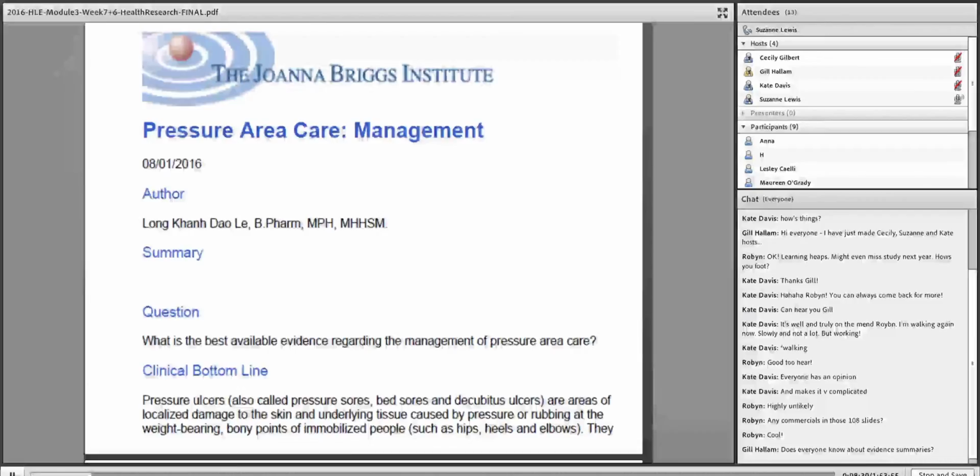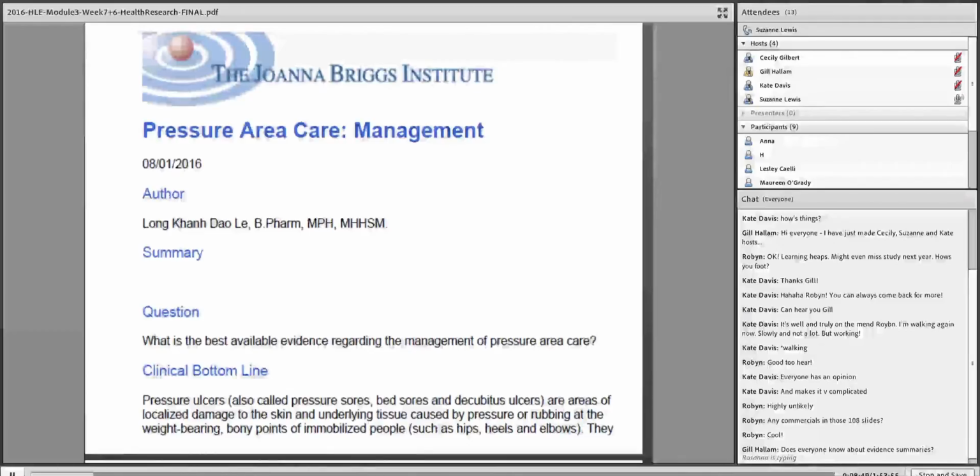Now, an evidence summary, the term is used fairly loosely, but in the context of the Joanna Briggs Institute, it's basically like a very condensed version of a systematic review.